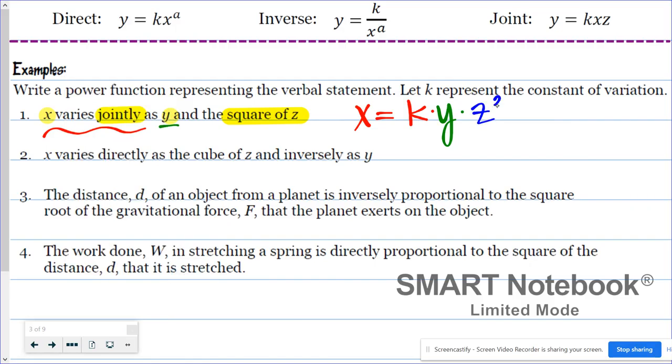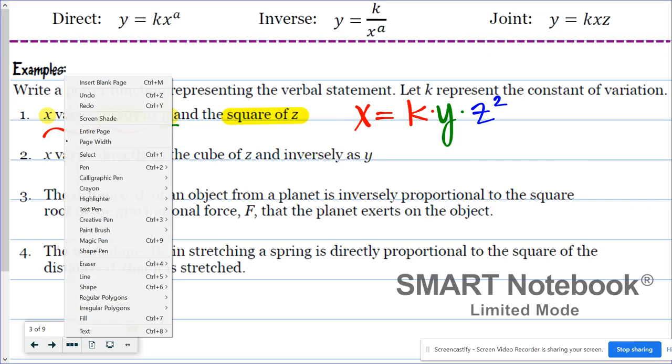So that'd be z squared. And that is my power function: x equals k times y times z squared. Everything is there, it flows naturally and in the proper order. So I would read the expression first, highlight or underline any key terms and variables, and then write your power function.